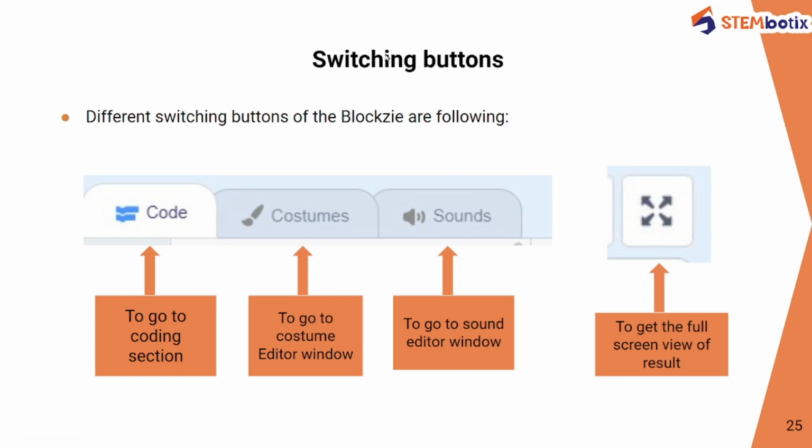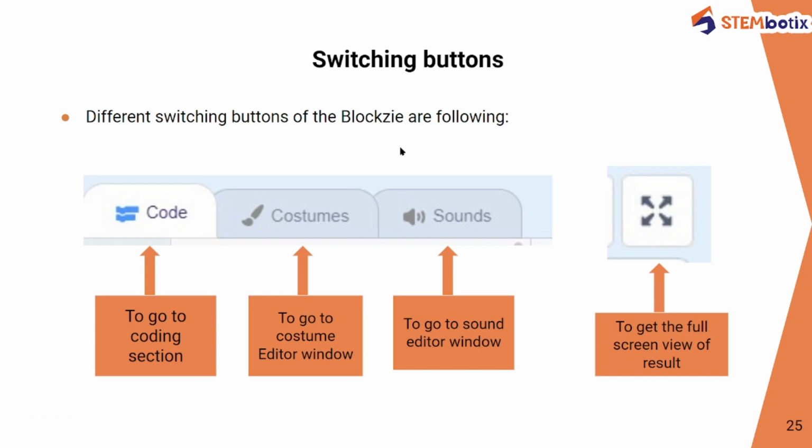Then after that we have another kind of buttons. Let us see the usage of each. This tab is used when you want to switch to the coding area or go to the coding section.